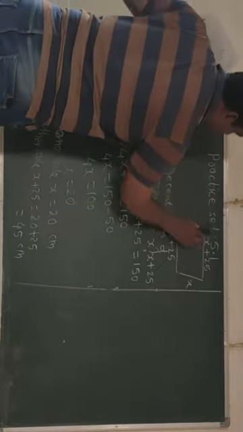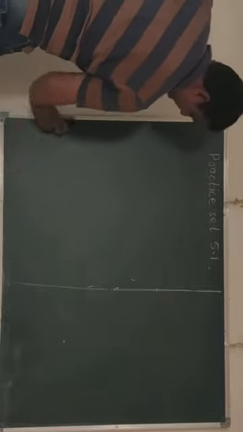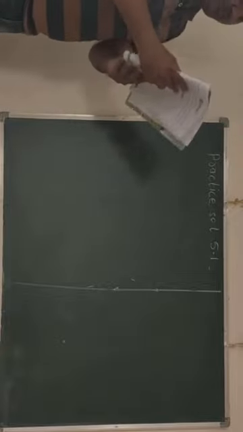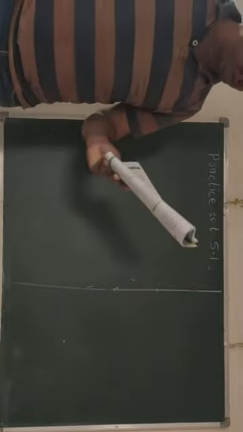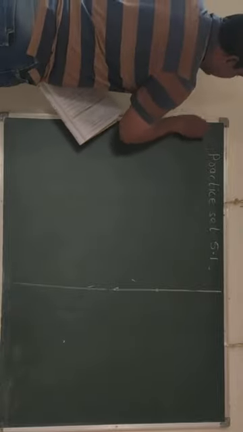Question number 4. If the ratio of measures of two adjacent angles is 1:2, find the measure of all angles of the parallelogram. Here the ratio is given. Here I am just giving a hint.